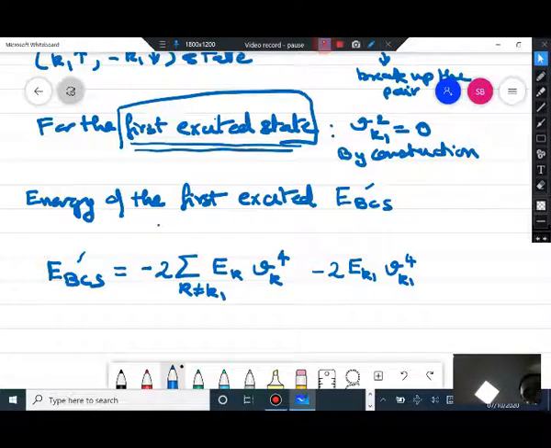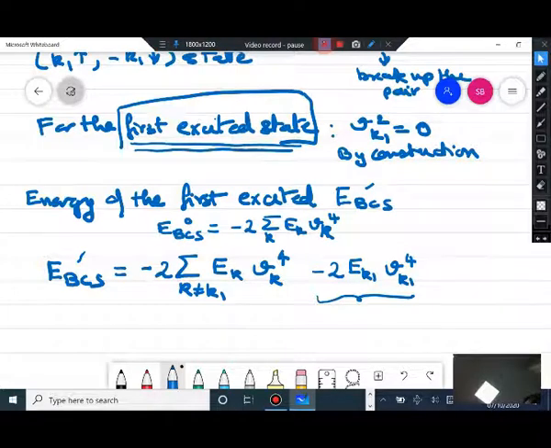So, if you recall that the EBCS ground state was minus 2 summation over all k state Ek Vk raised to 4. So from this ground state, we are getting an energy state where from all these k states where you have all the particles which have condensed, we have removed this one particle which has been split. And why is it removed?